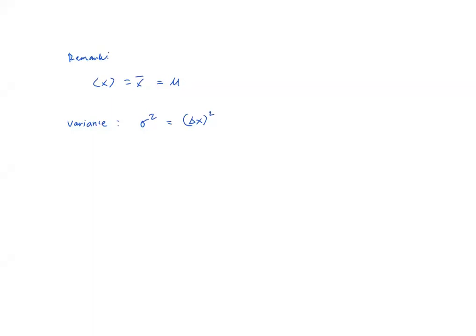Itong delta x na to is very much related to your plus or minus sa measurement, di ba? So ito yung, kumbaga, how does your measurement or your data spread throughout your trials experiment.